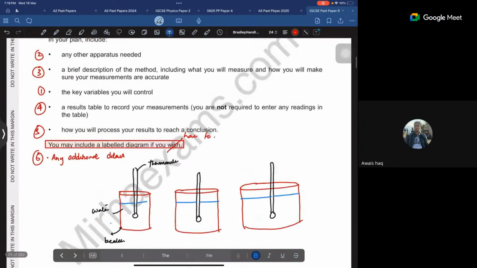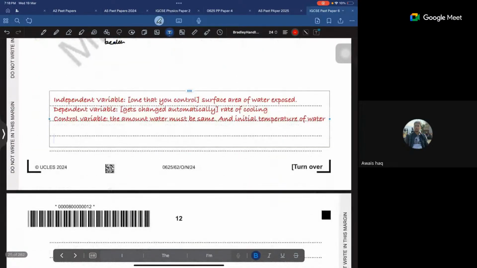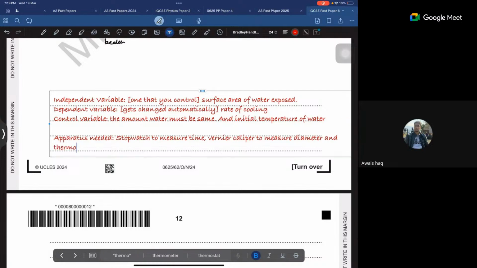Then I said move to apparatus needed. The ones they haven't given, obviously: stopwatch to measure time, vernier caliper to measure diameter and area, just diameter, and thermometer to measure the temperature.